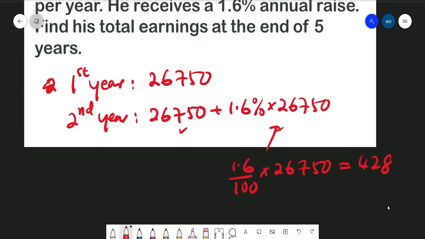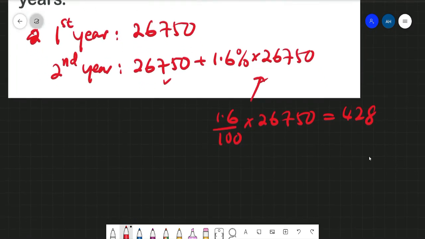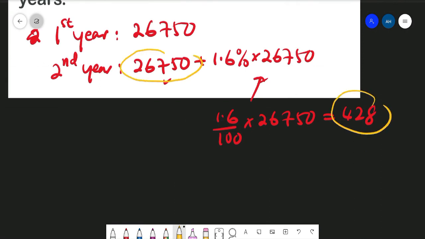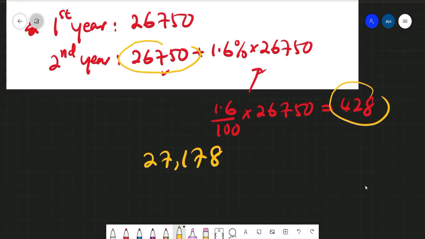So his earning during the second year is the sum of these two numbers, that is 26,750 plus 428. Altogether the total is 27,178. That will be the earning at the end of the second year.